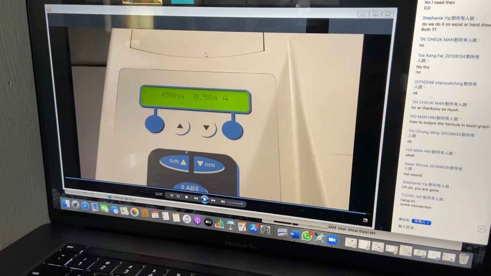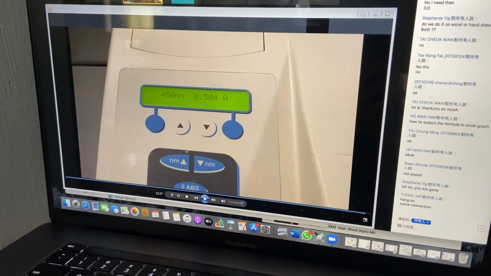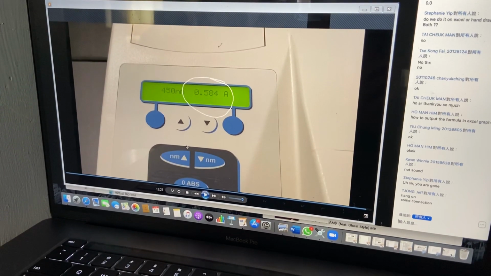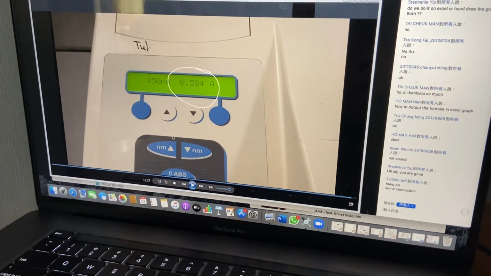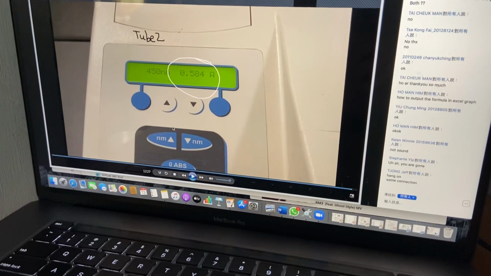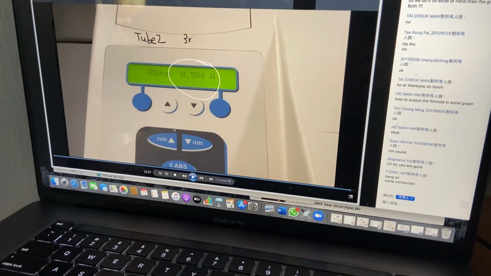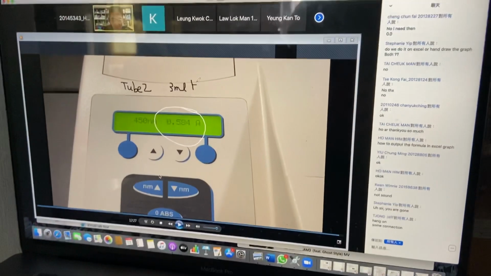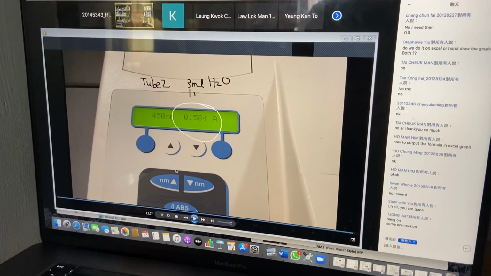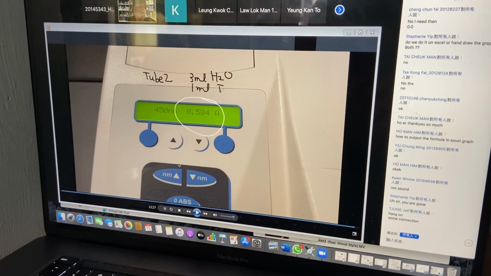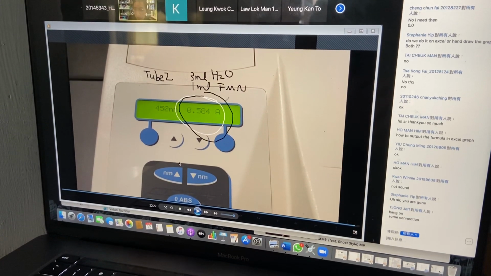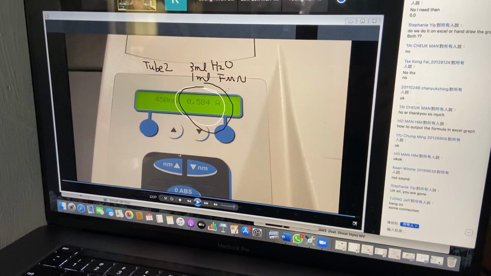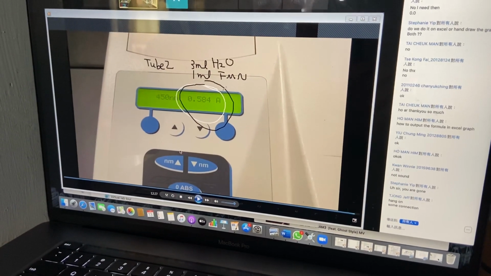Okay, tube 2. Okay, 3 ml of water and 1 ml of the FMN. And the figure is 0.584. Okay.